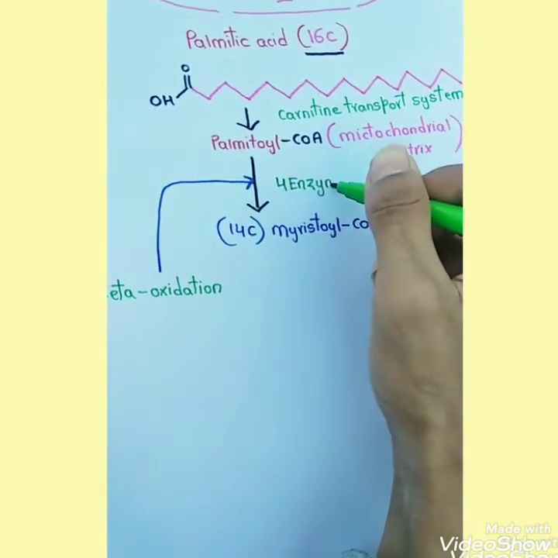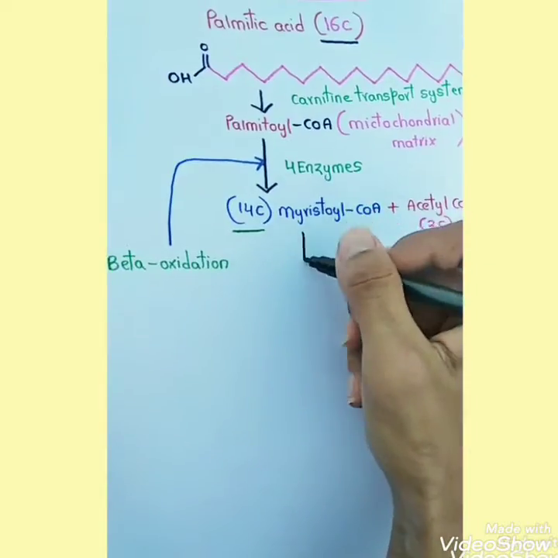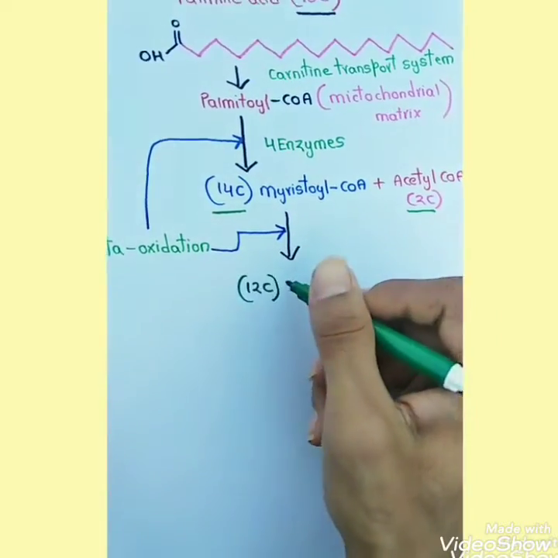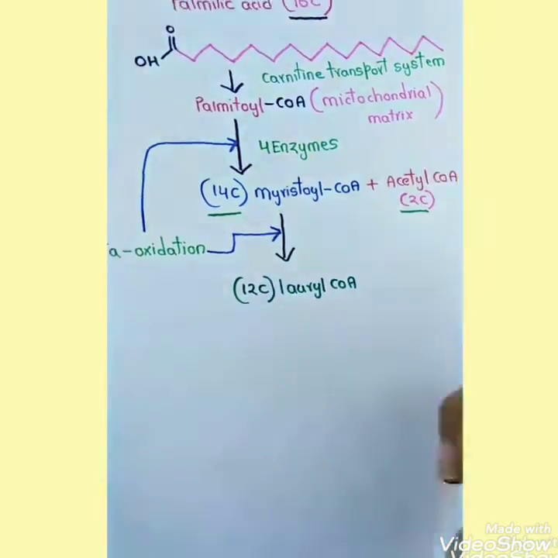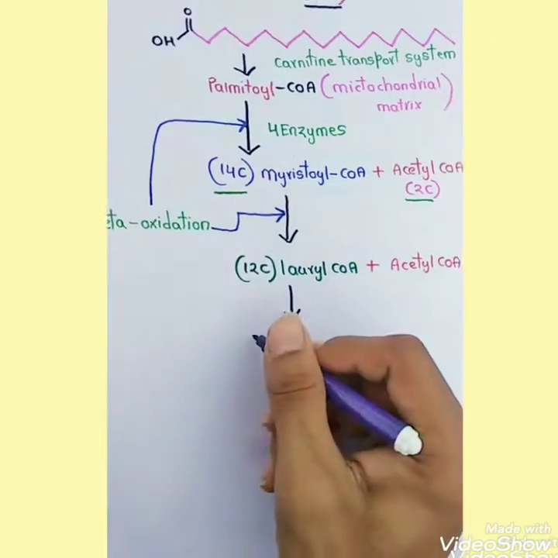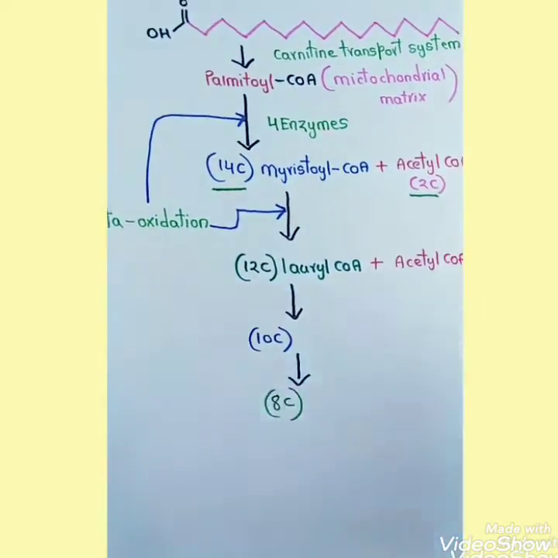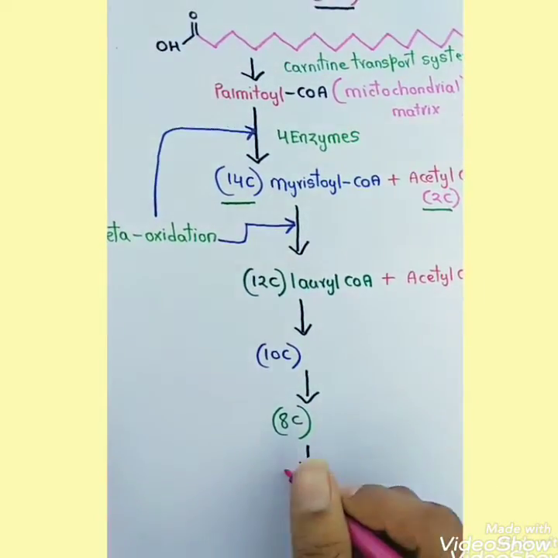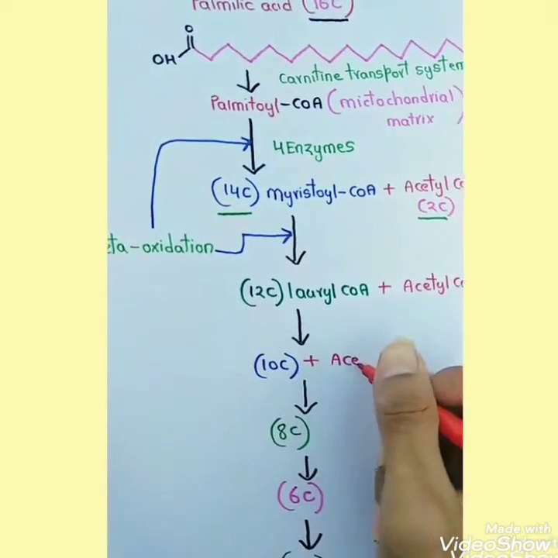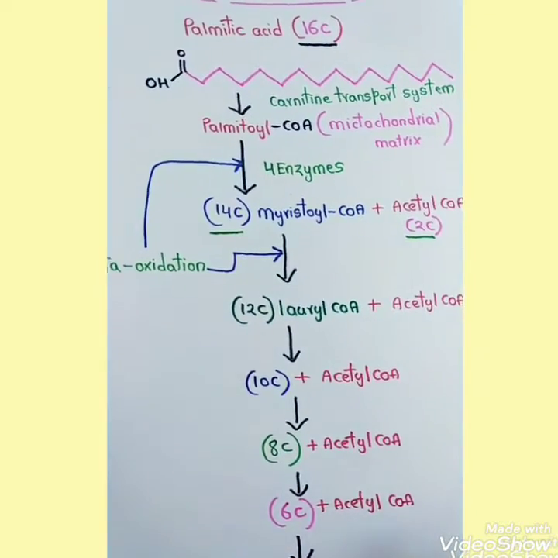This reaction is catalyzed by 4 enzymes, and again this 14-carbon myristoyl-CoA will undergo beta oxidation and form a 12-carbon lauryl-CoA and a 2-carbon acetyl-CoA. Again it is cleaved into a 10-carbon compound, the 10-carbon compound into an 8-carbon compound, the 8-carbon compound into a 6-carbon compound, and the 6-carbon compound into a 4-carbon compound, in each cleavage yielding one molecule of the 2-carbon compound acetyl-CoA.